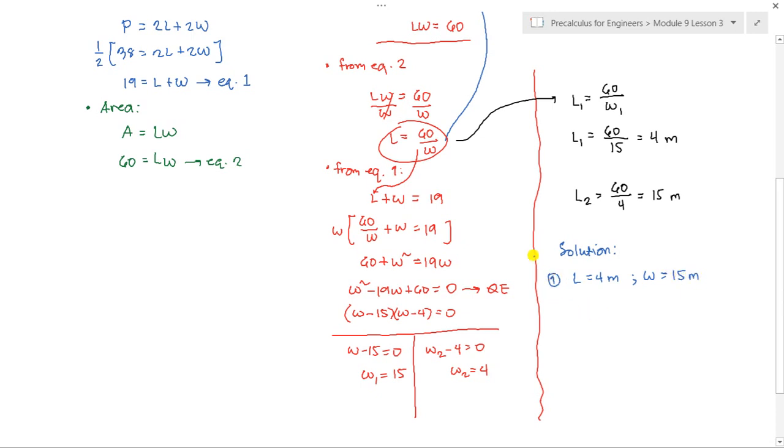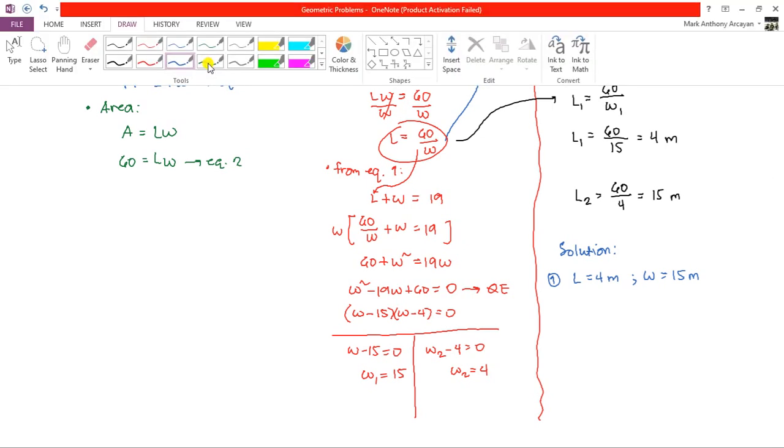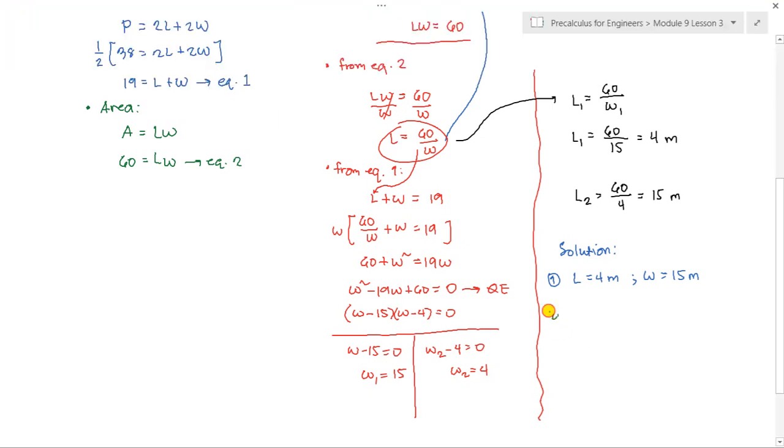The second one, we have length is equal to 15 meters and the width is equal to 4 meters. If you check both of these solutions, they are both correct, because 15 times 4 is 60 and 4 times 15 is equal to 60.